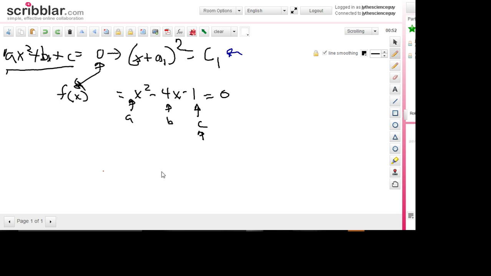That c term is going to change, and that's why they labeled it C1. So let me show you how to do that. The first thing that I'm going to do is I'm going to move this 1 over to the other side. So I get x squared minus 4x plus some number is equal to 1. Do you see how I just moved that 1 over to the other side?